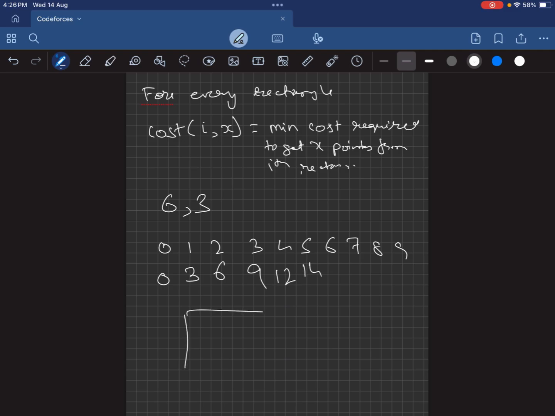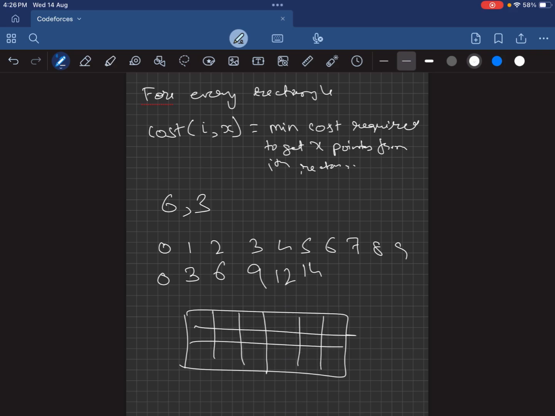How do we do it? Suppose this is the 6 x 3 rectangle. To get 1 point you will color 3, 2 points this, 3 points this, 4 points this, and to get 5 points, instead of coloring this row we'll color these two cells.